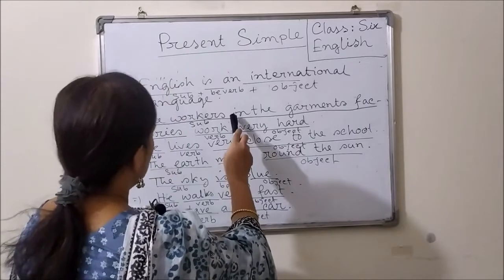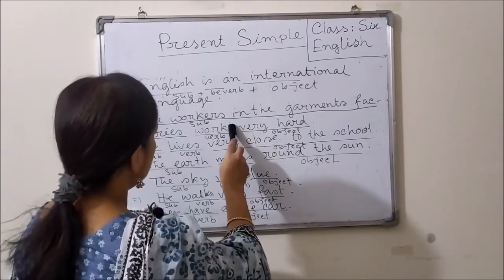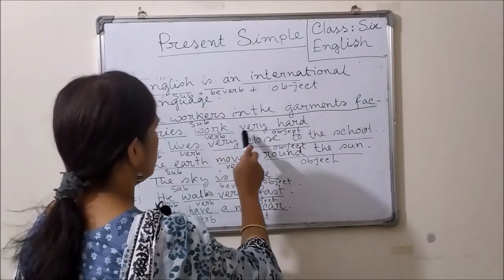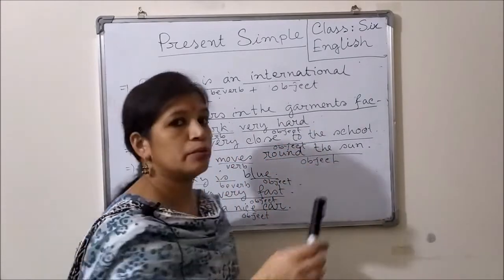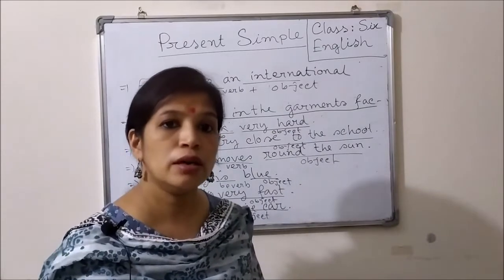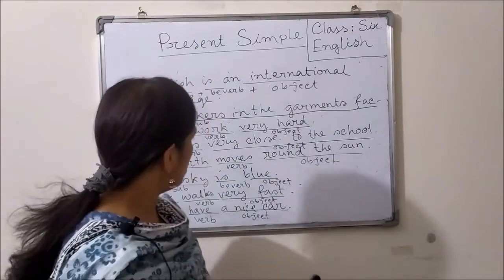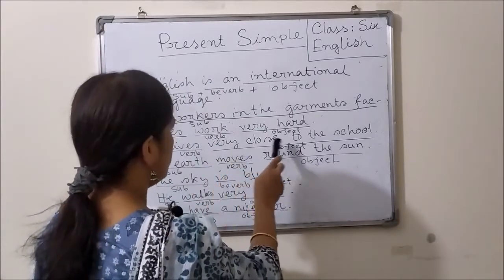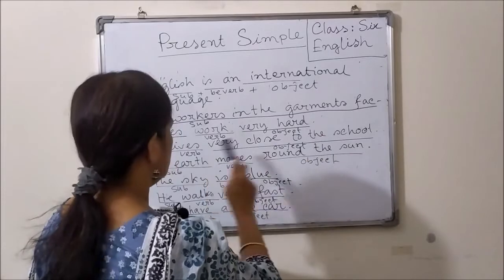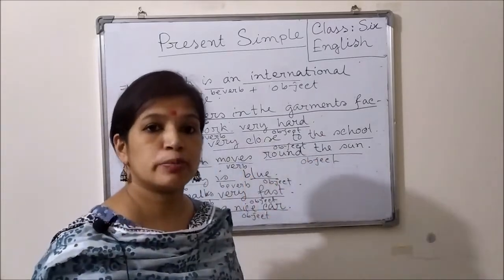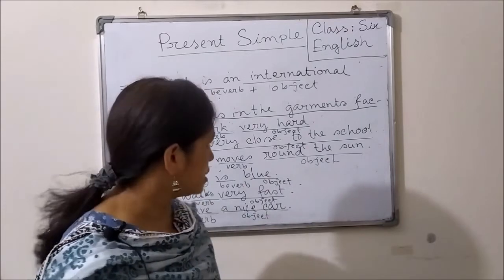The next example, the workers in the garments factories work very hard, presents the present action of the verb work. Now come to the next. He lives very close to the school. It also expresses the present action.